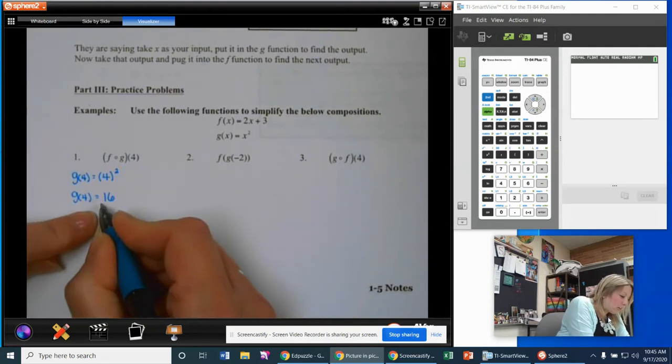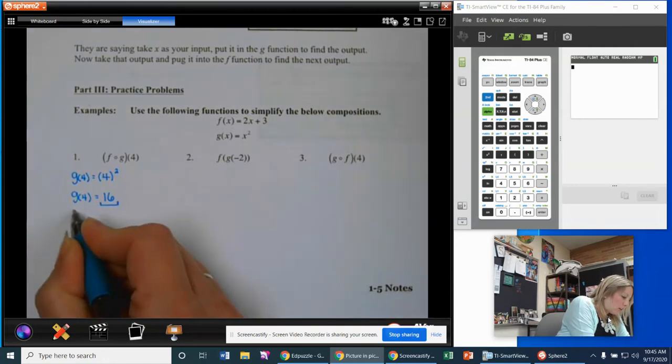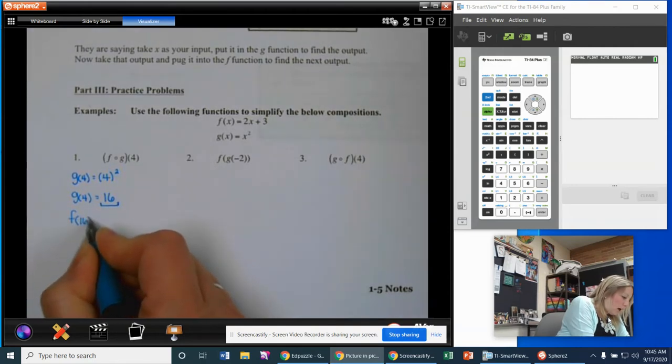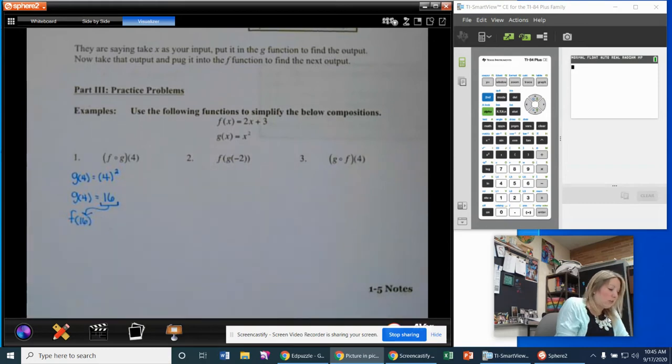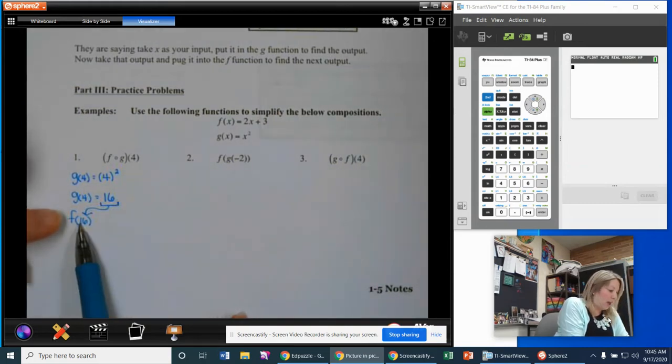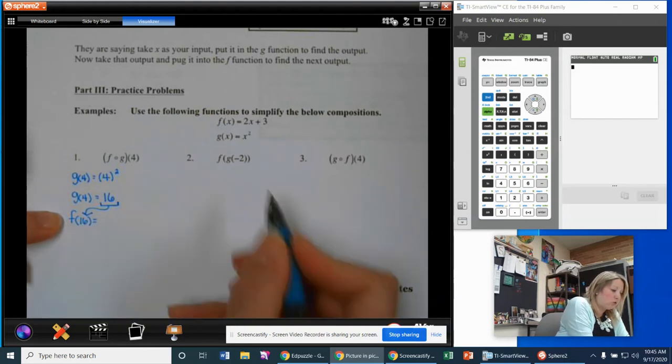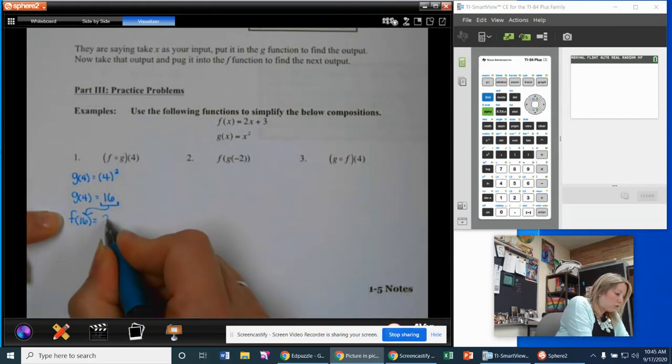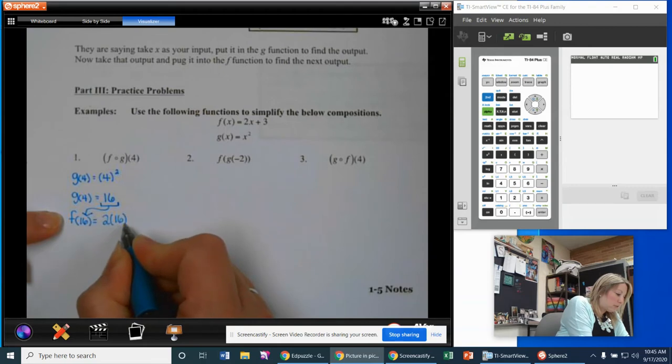Now what that means is this is the input for the f function. I've done the g function, I got my answer, and now that becomes the input into the f function. This will be 2 times 16 plus 3.